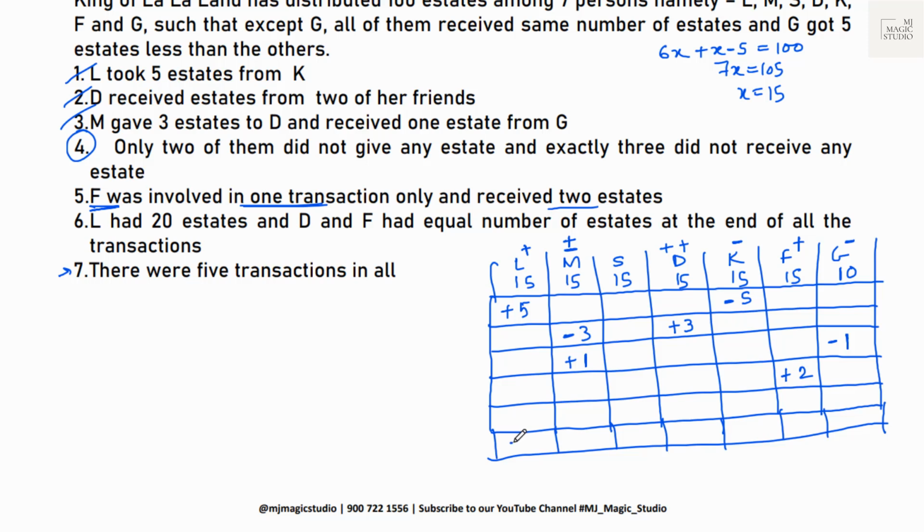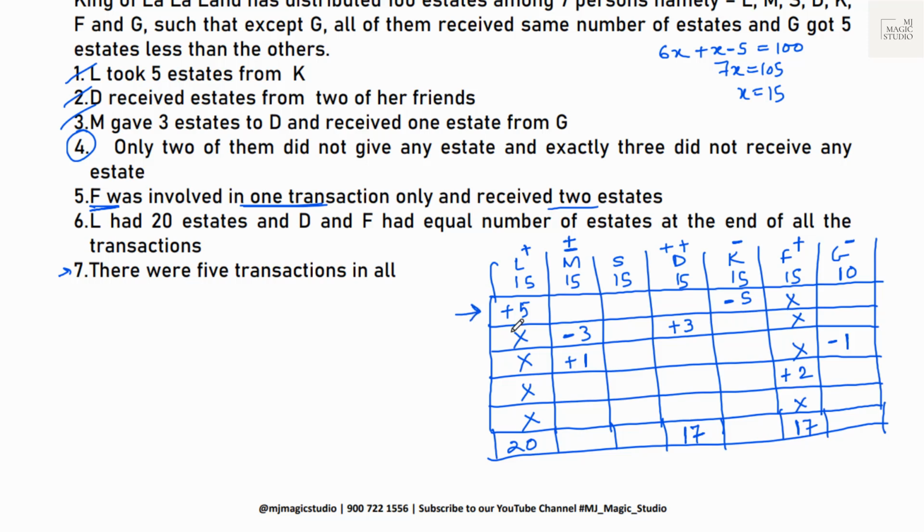L 15 plus 5 is 20, which means L is involved in no more transactions. F is also not involved in any other transaction, so the balance of F should be 15 plus 2, that is 17, because it is clearly written that F was involved in 1 transaction only. Now D and F had an equal number of estates at the end. F is 17, so the total of D should also be 17.